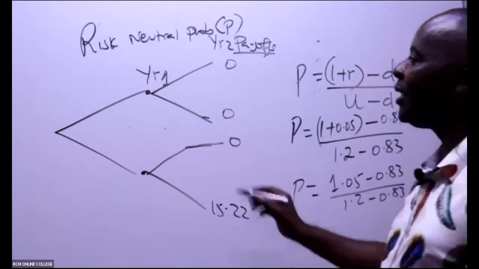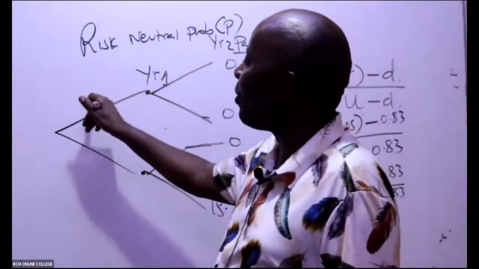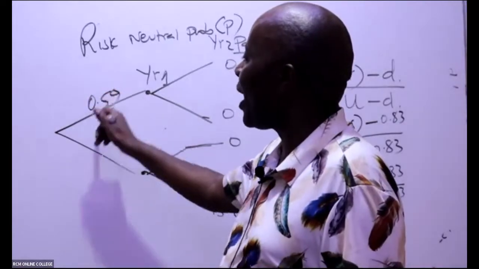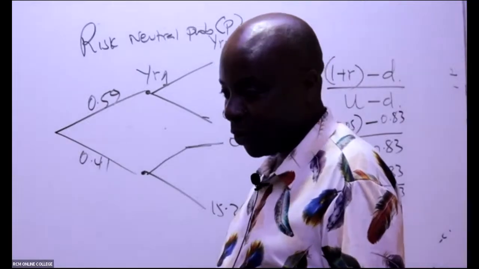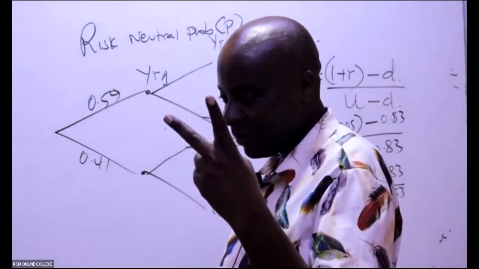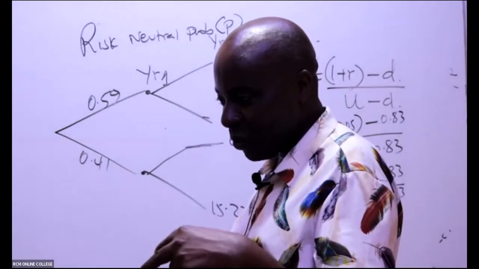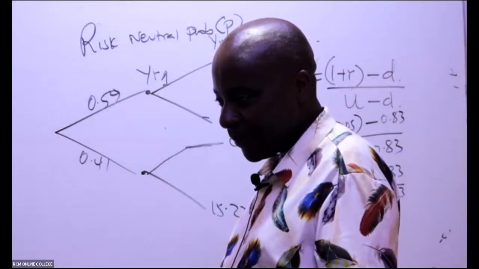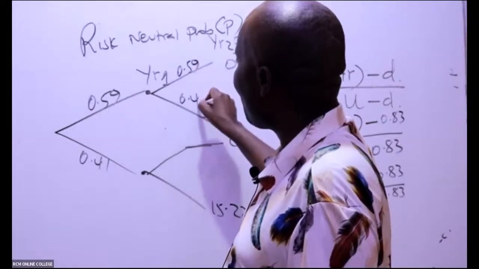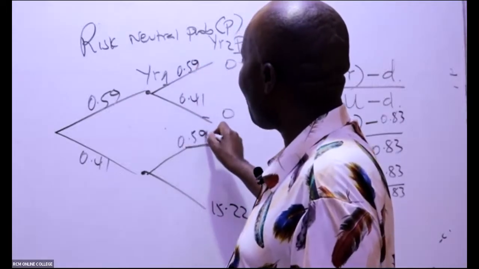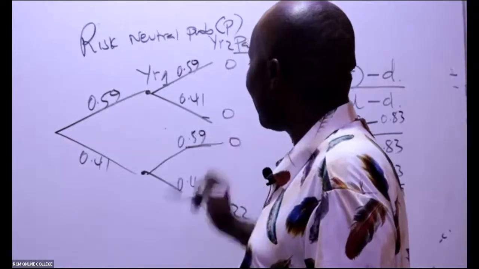So this risk-neutral probability is 0.59, meaning that this other one here will be 0.41, because it's binomial. So the same you apply here: 0.59, 0.41, like that.